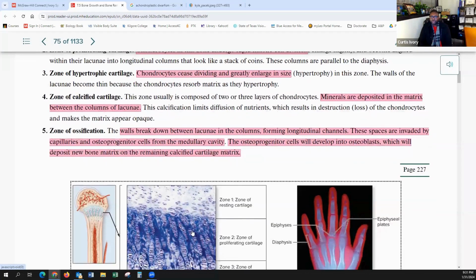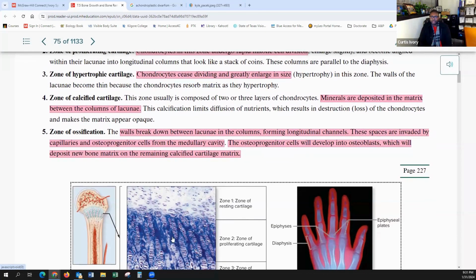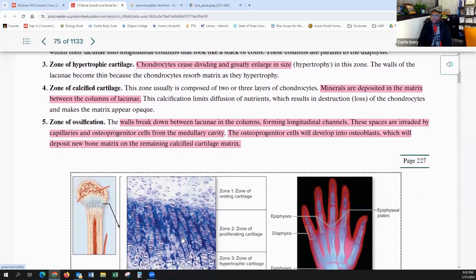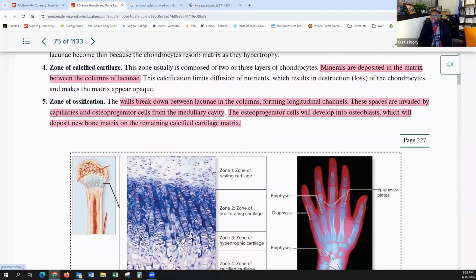In zone 2, which is this next one down here, this is the zone of proliferation. Proliferation just means that we're starting to divide cells. If we're dividing cells, that means we're making more of themselves. Zone 3, these chondrocytes have stopped dividing and they start getting fatter or bigger. So those cells went from small to bigger, or as I say, fatter.